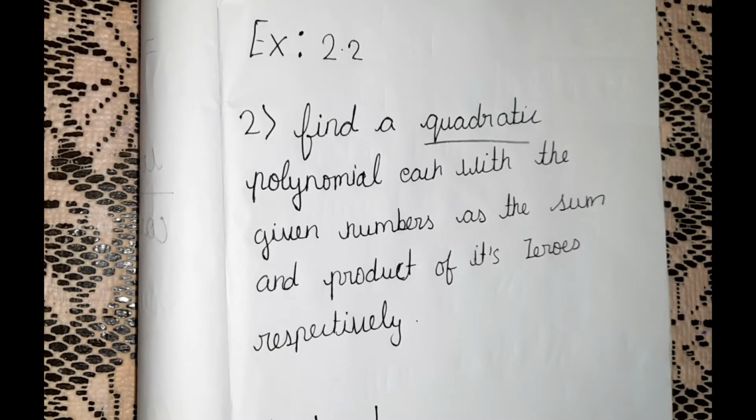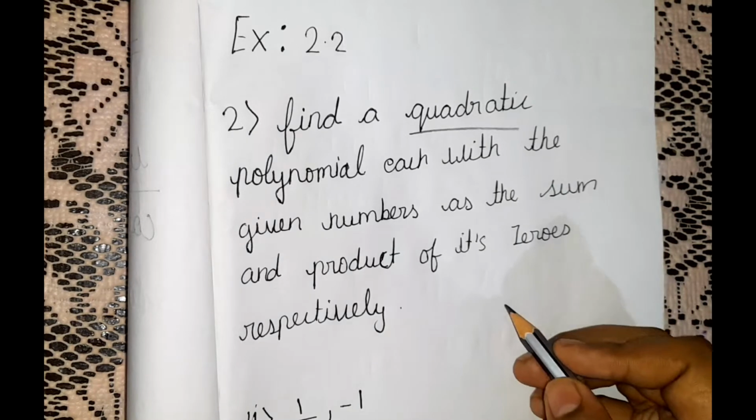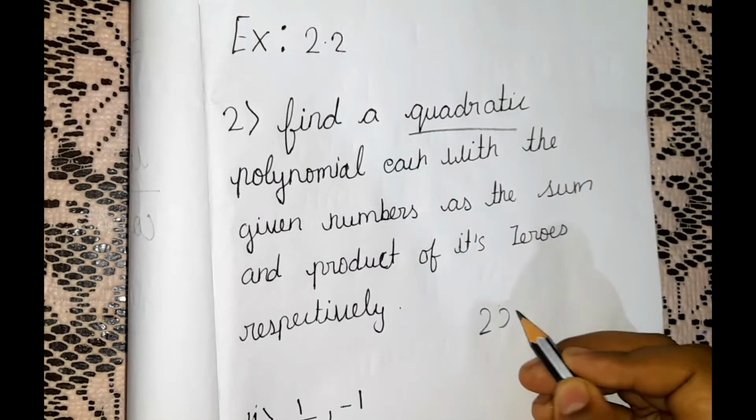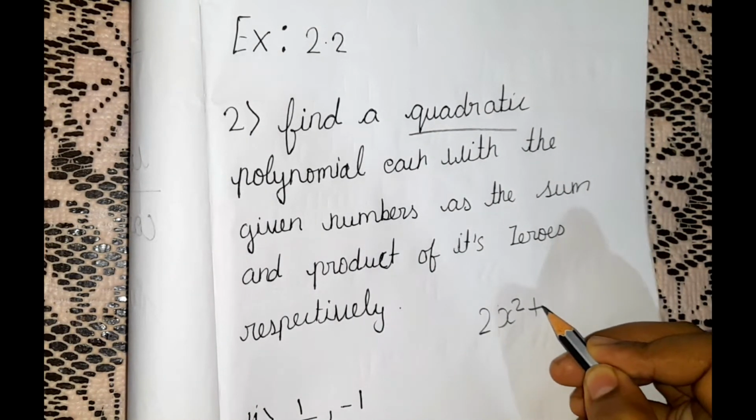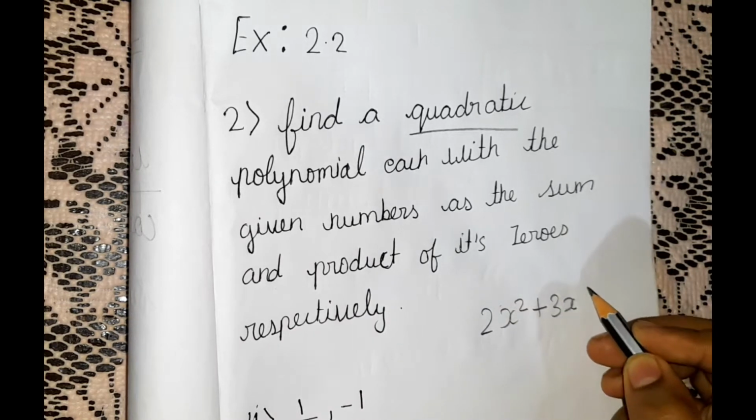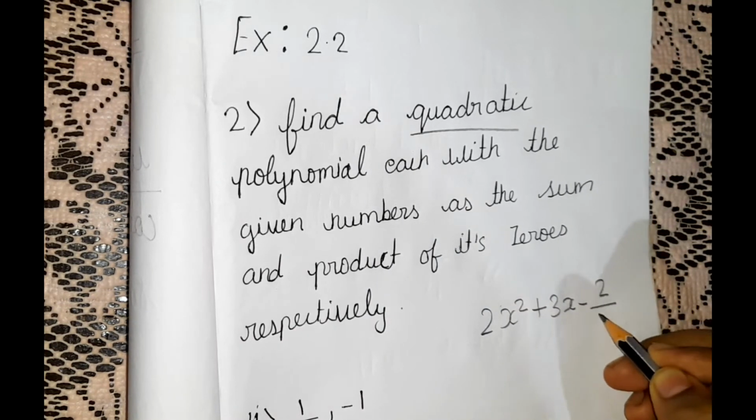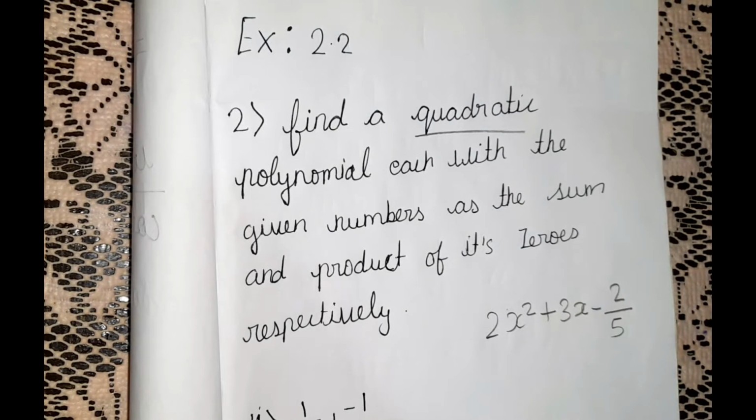The definition is, a polynomial of degree 2 is called a quadratic polynomial, which means square. For example, 2x square plus 3x minus 2 divided by 5.